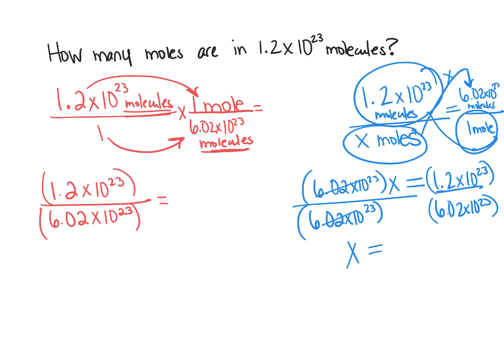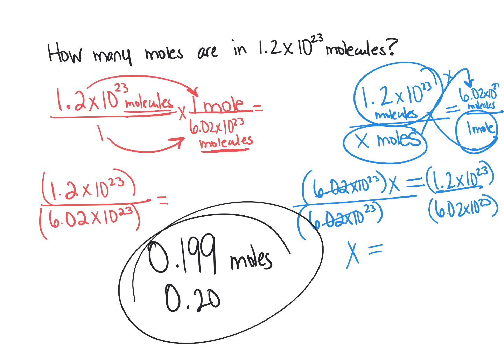And when you put it into your calculator, if you do it correctly, you should get 0.199 moles. You could round that to 0.20. And again, it does not matter to me which method makes more sense to you as long as you can calculate it mathematically and solve it and get the right answer.